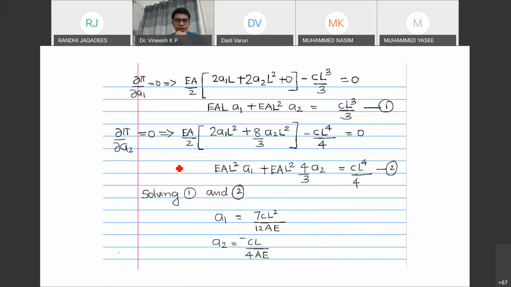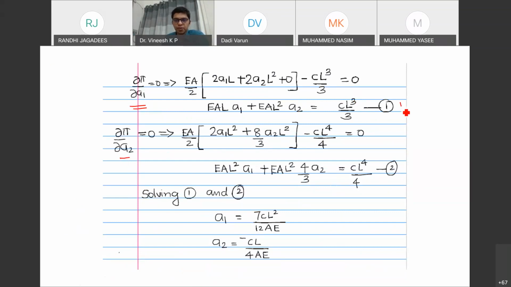So dou pi by dou A1, I am getting an equation. That is equation number 1. Dou pi by dou A2, you are going to get equation number 2.